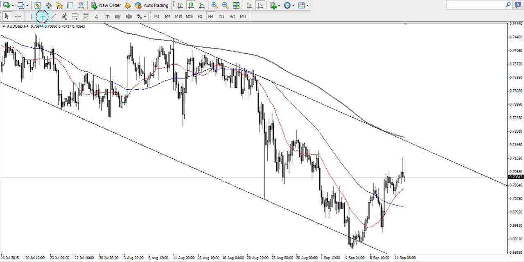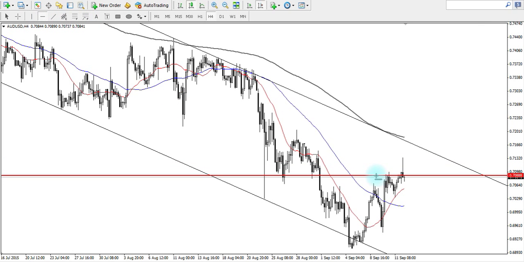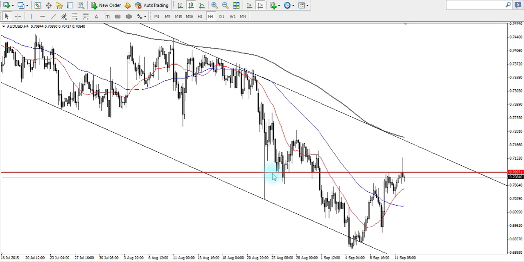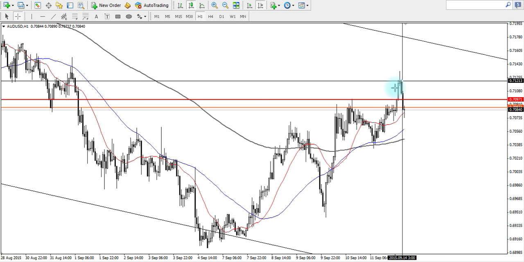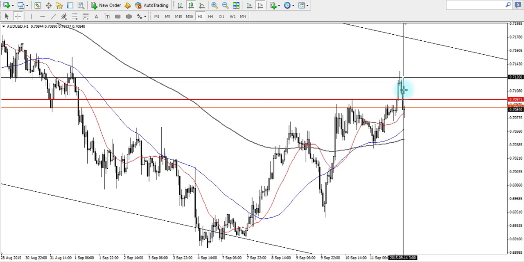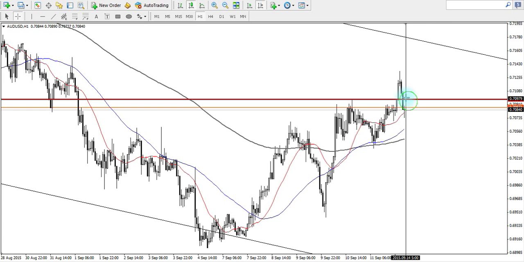And right now it is at a key level, a key support level previously, which has now turned into a resistance level. If we zoom in to the 1-hour chart, we have already seen a reversal candle with confirmation, and expect the price to fall even further from here.